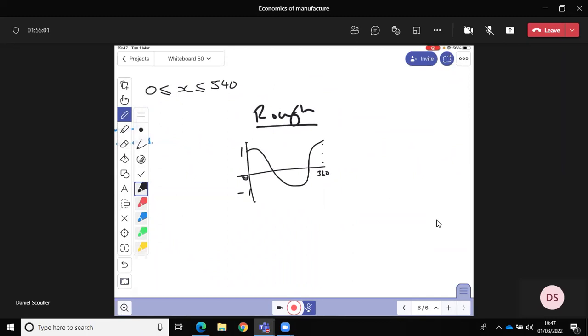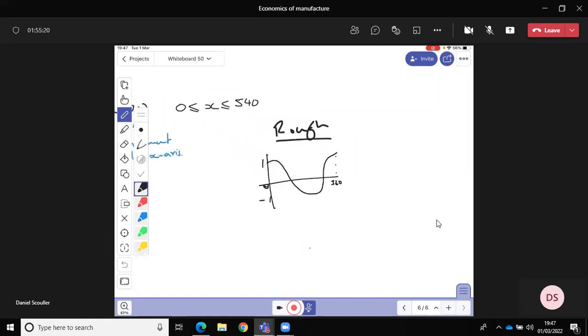So that milestone is going to be the start, its maximum, it's going to cut the x-axis at 90. Then it's going to go to a minimum at 180, cut the x-axis at 270, and then reach a maximum again at 360. Now what are we changing compared to the original?